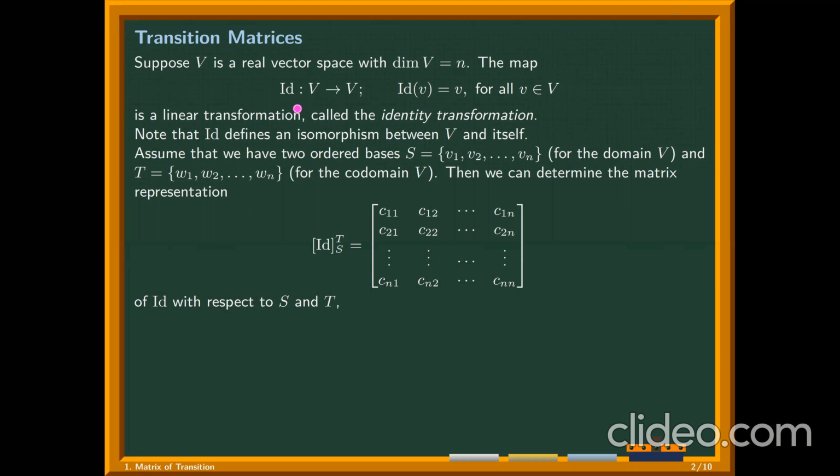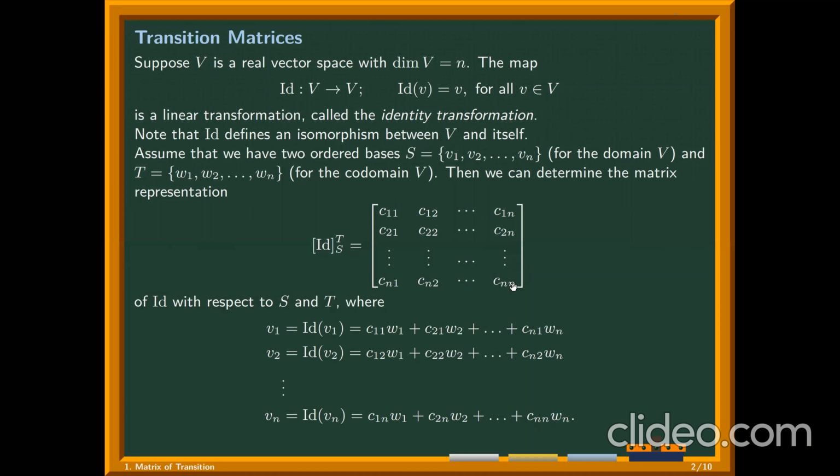The matrix of the identity transformation with respect to S and T is the n by n matrix whose entries are obtained by finding the coordinate vectors of each vector from S with respect to T. So the first column is the coordinate vector of V1 with respect to T. The second column is the coordinate vector of V2 with respect to T, and so on.